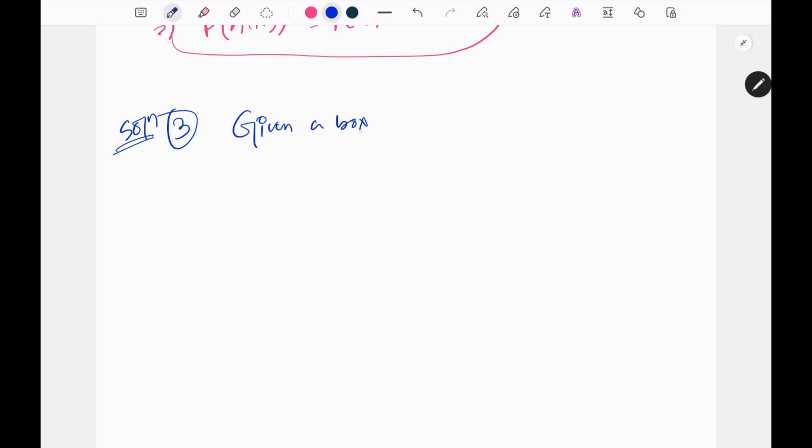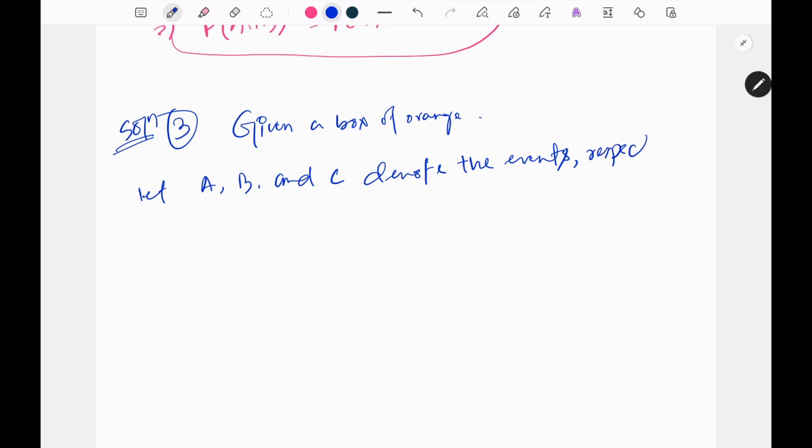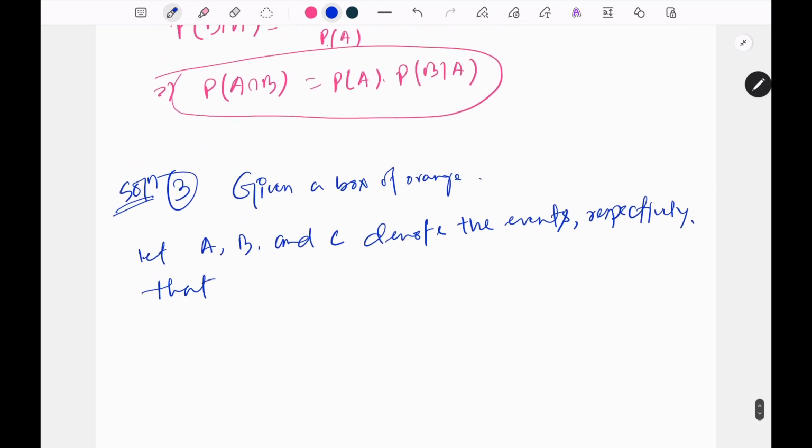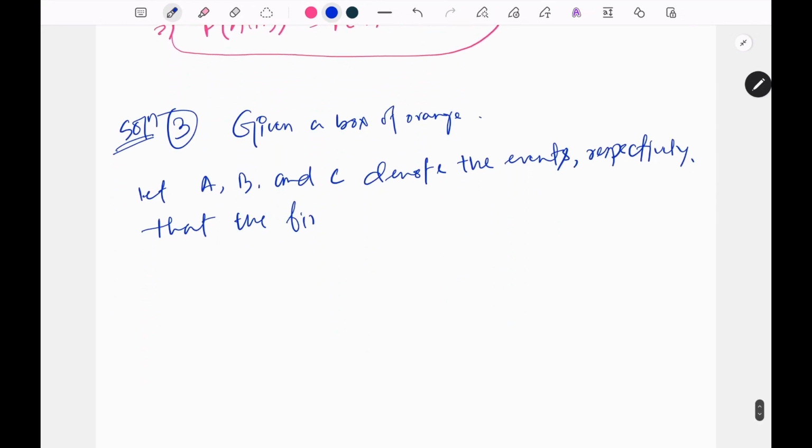Given a box of oranges. Now let A, B and C denote the events that the first, second and third orange is good, respectively.